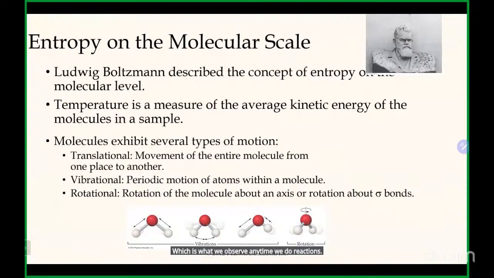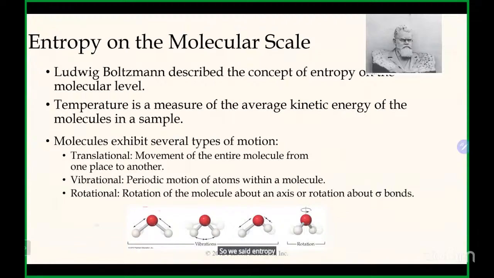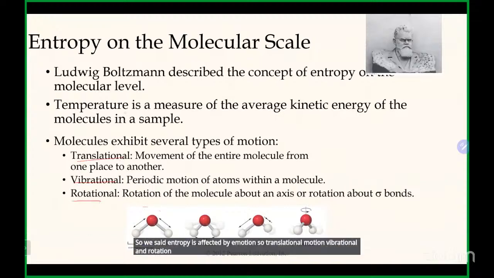From another point of view, so this is the last one, we're relating entropy to microstates, the number of possible states. So we said entropy is affected by motion. So translational motion, vibrational, and rotation. Temperature increases this motion.